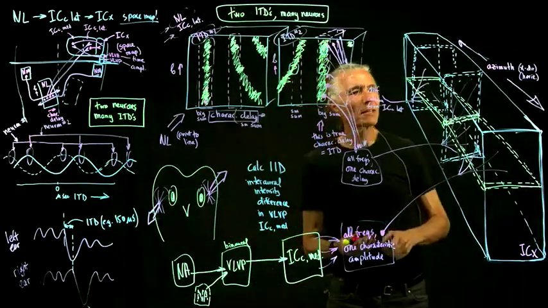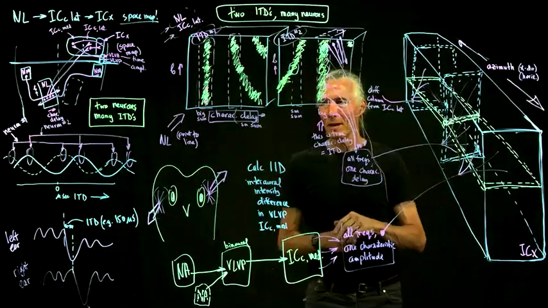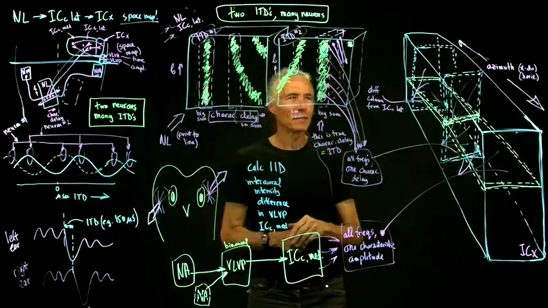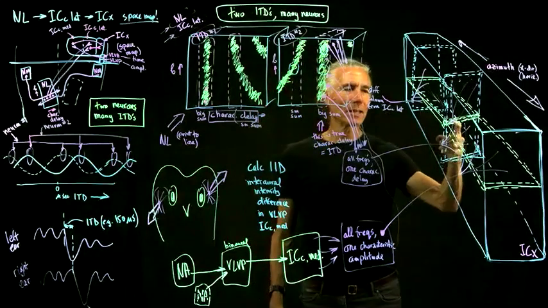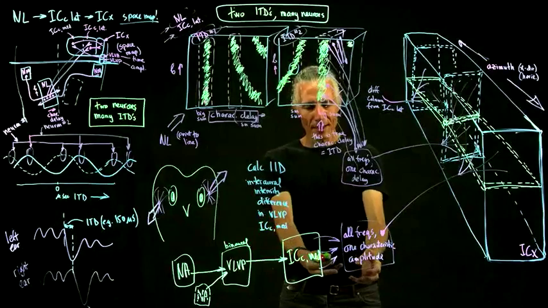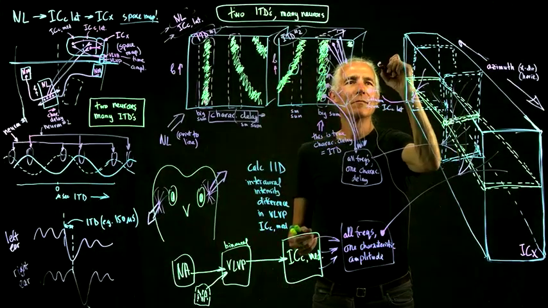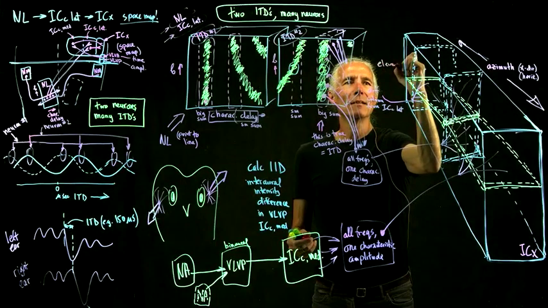And so the end result is we'll end up with a two-dimensional space map. If you look at this nucleus, this is going to represent elevation. Because what is elevation?